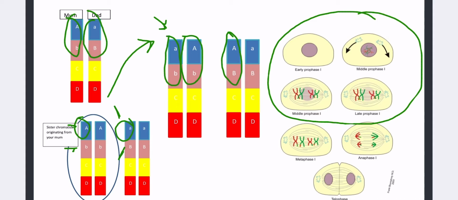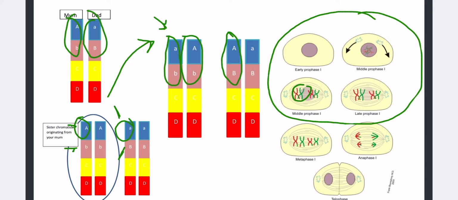They're not lined up at this stage, they're just haphazardly on there, but it's at this stage that we get this crossing over occurring. So you've got the homologous pairs that have duplicated right next to each other and they twist up and the ends can snap off and glue to the opposite side. So crossing over happens during prophase. Our first source of genetic variation is occurring during this prophase stage.